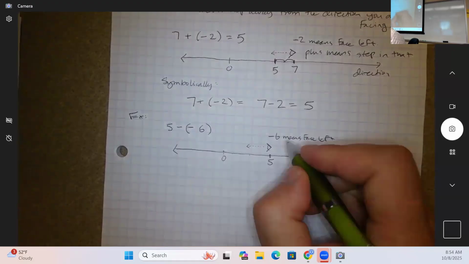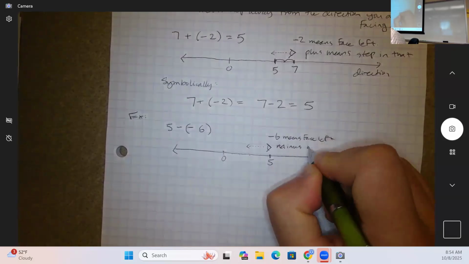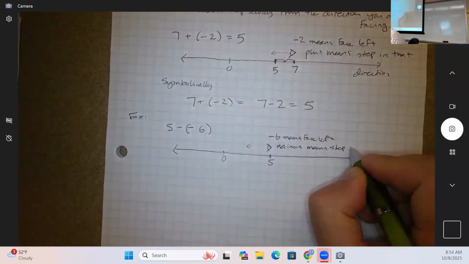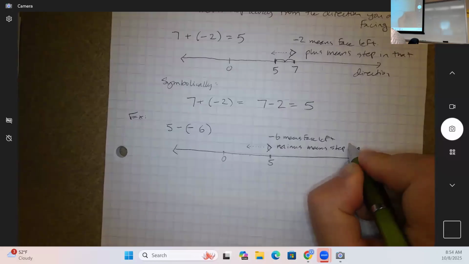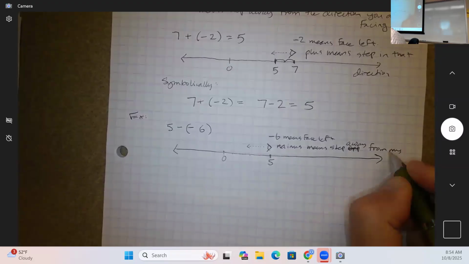The minus means step the opposite, step away from my direction.